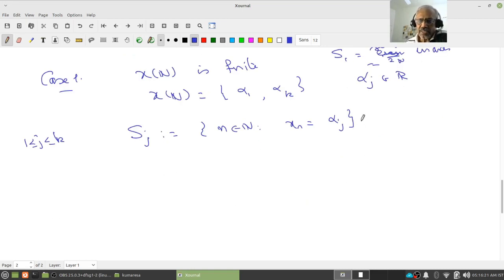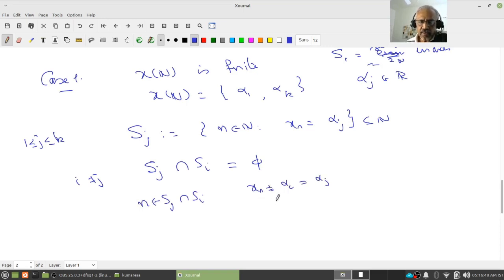Now these are all subsets of N, right? Now you notice that S_j and S_i, if i is not equal to j, are disjoint. Why? Because if some n belongs to S_j intersection S_i, what does it mean? x_n is alpha i, which is equal to alpha j.